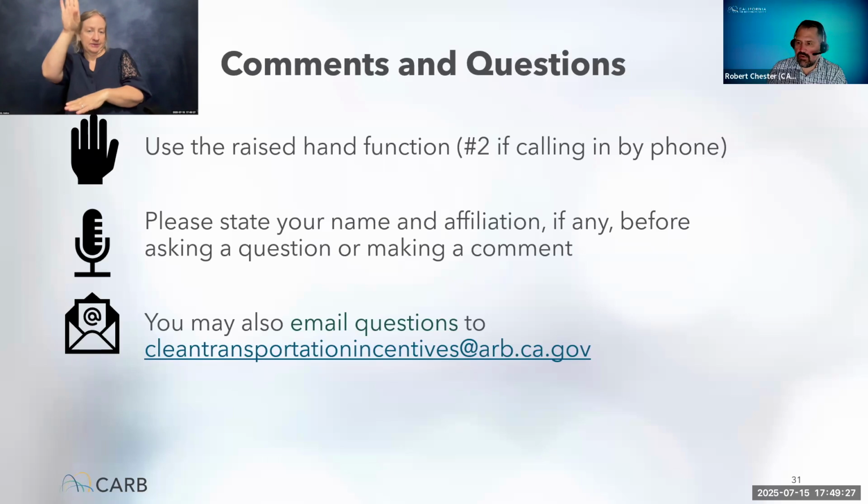If you are joining by phone, please press #2 to raise your hand. And once your line is open, please state your name and affiliation, if any, before speaking. Also, if you would prefer, you may email us questions and comments at cleantransportation@arb.ca.gov. This email address will also be posted in the chat.